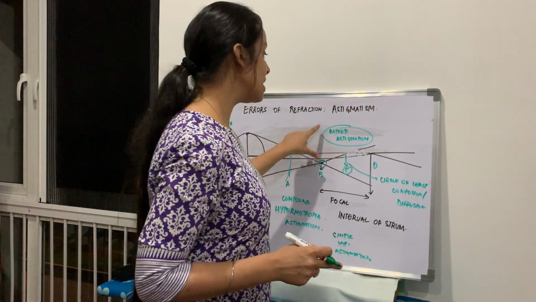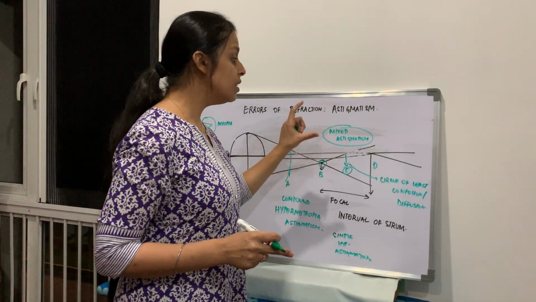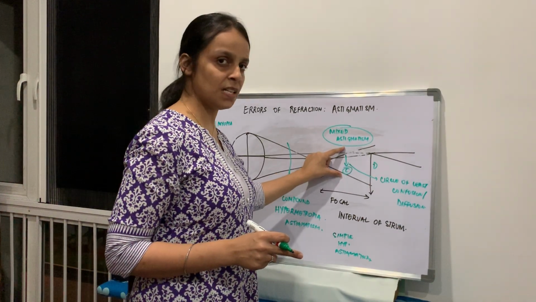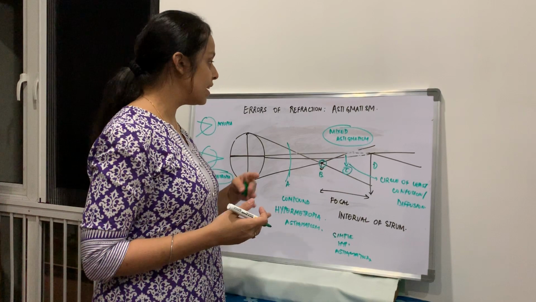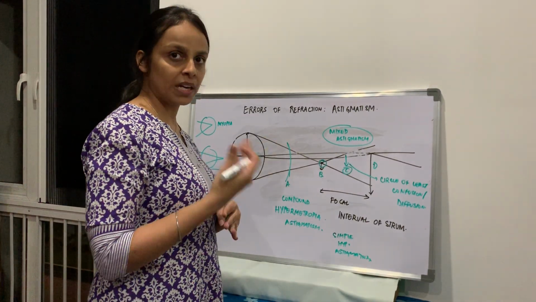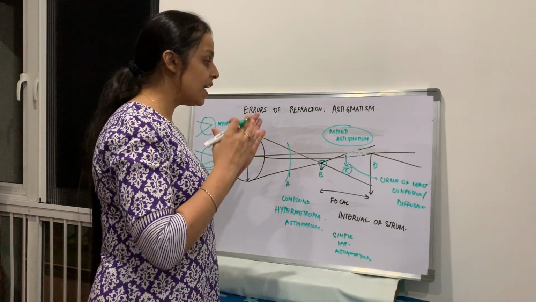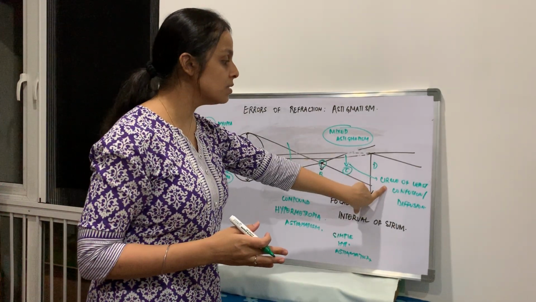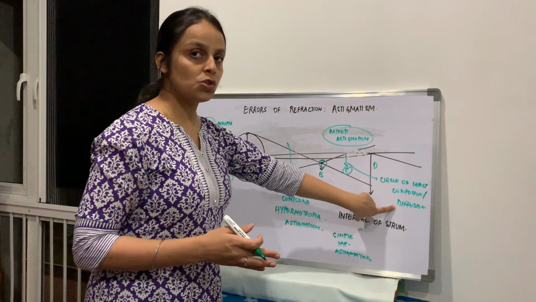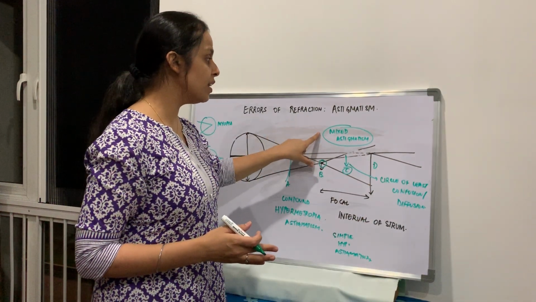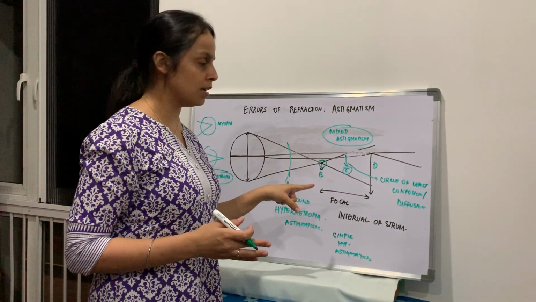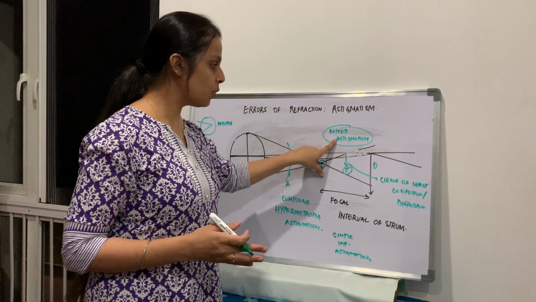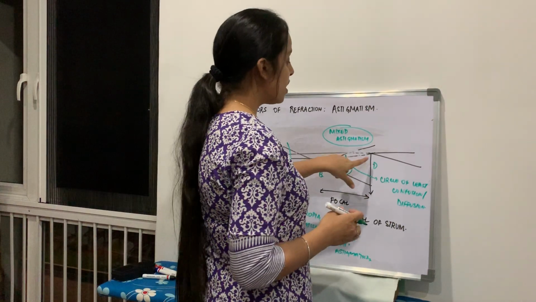Also, when we are trying to correct this refractive error and give spectacles to this patient, we are aiming to put the retina at this point, that is the circle of least confusion or diffusion. So you must remember, if you get an MCQ, the patient is least symptomatic if it is a mixed astigmatism.